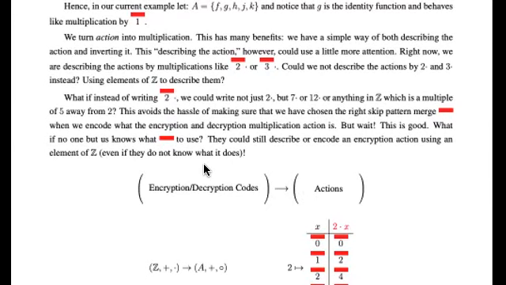Well, we could represent that by integers. For instance, we could take 10. 10 is an integer. And what action does it represent? Well, 10 mod 5 is 0, so it would represent the 0 action. What about 23?